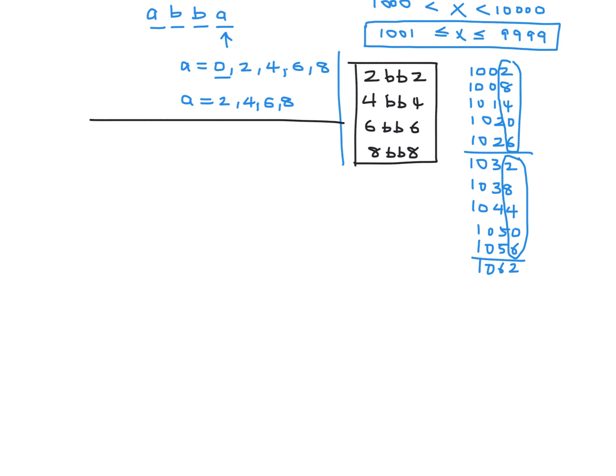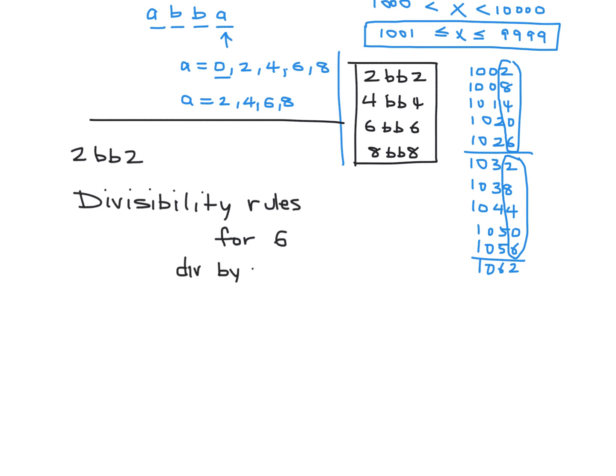Okay, so let's start with the 2BB2, and now is where we kind of talk about divisibility rules. You guys know about divisibility rules, but in this question, we're really concentrating on the divisibility rule for 6. If something is divisible by 6, it is divisible by 2, and also it's divisible by 3.